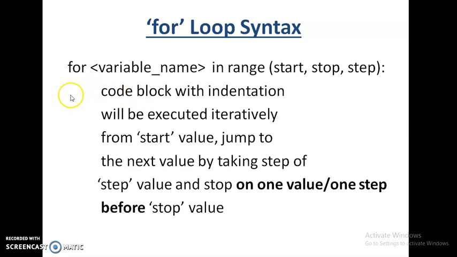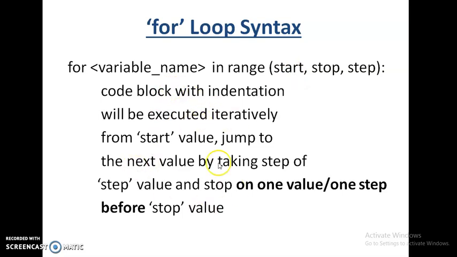Again, after indentation, the code block with indentation will be executed iteratively from the start value, jump to the next value by taking a step of the step value, and stop on one value or one step before the stop value. Means this variable will have the value equal to start.